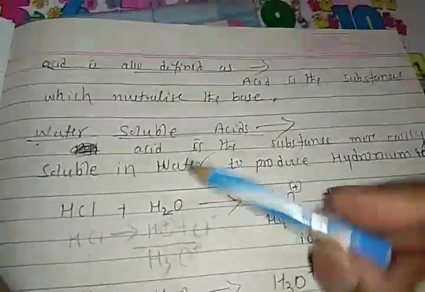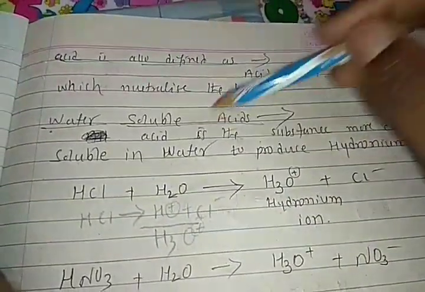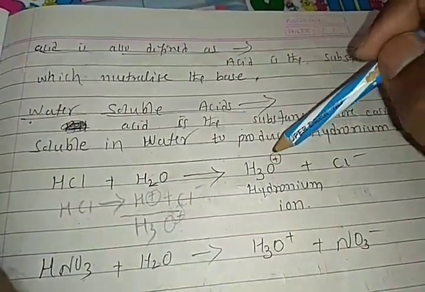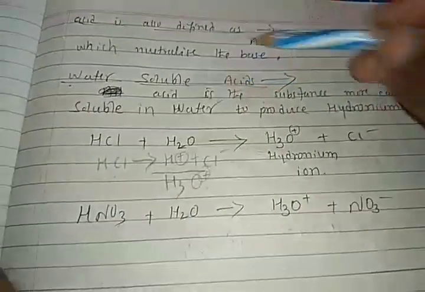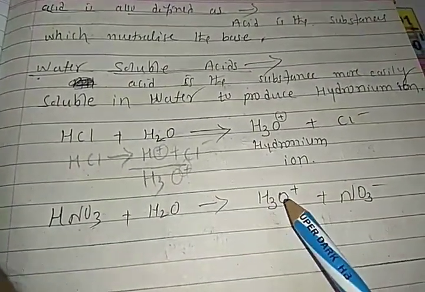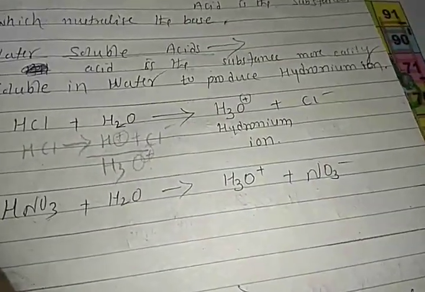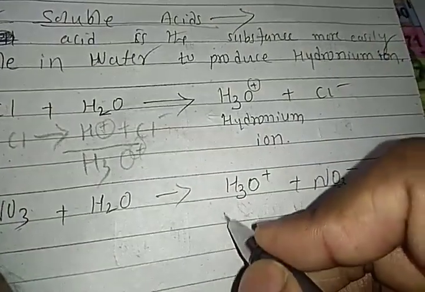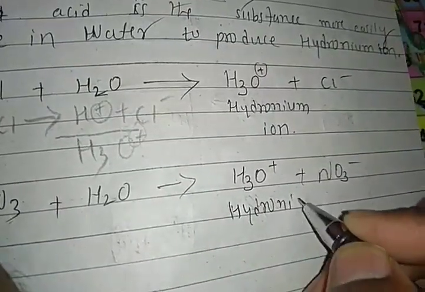Whenever an acid dissolves in water it produces hydronium ion, H3O plus. Similarly, HNO3 dissolved in water produces hydronium ions H3O plus. We call this the hydronium ion. Understood, students?